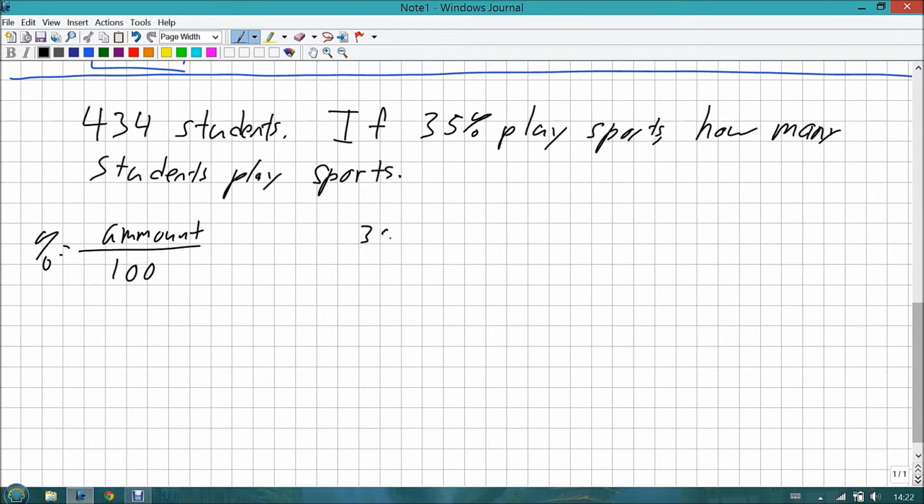So I'm given 35 out of 100 students play sports. Well, how many total students are there? Well, there are 434 students. And how many of them play sports? So I put an X. So now we use our amazing math skills, and we can solve for X in this case.